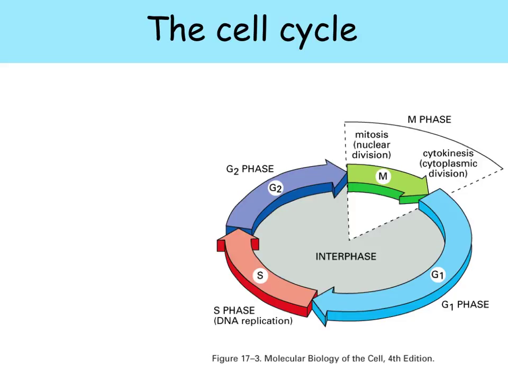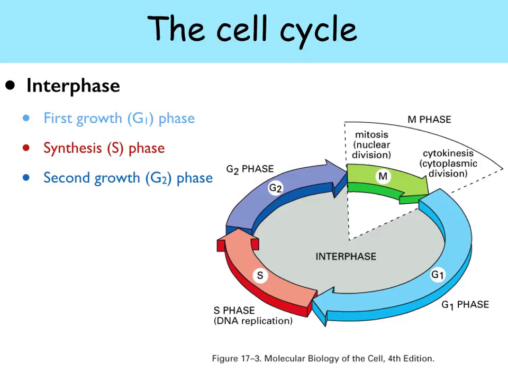So interphase occupies most of the cell cycle, and it's sometimes known as the resting phase because no division takes place. This couldn't be any further from the truth because interphase is a period of intense chemical activity. And it's got three parts. You've got the first growth, the G1 phase, the synthesis, which is the S phase, and the second growth, the G2 phase. We're going to have a look at each phase separately.